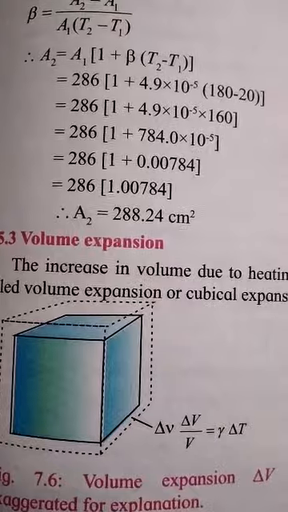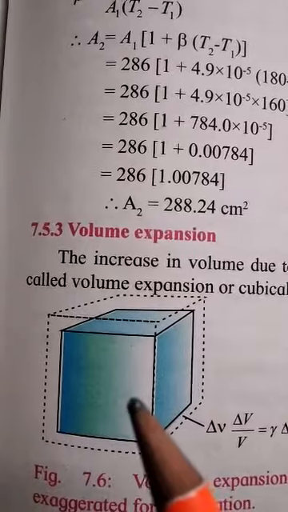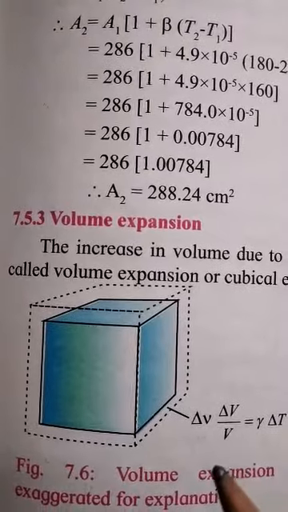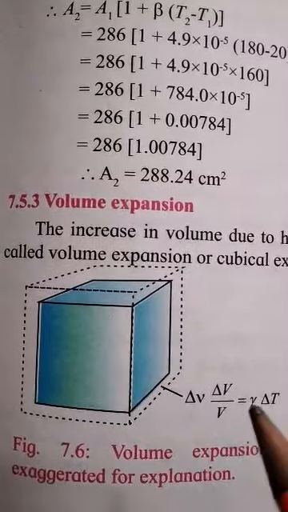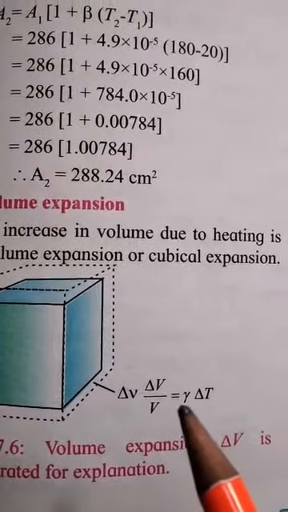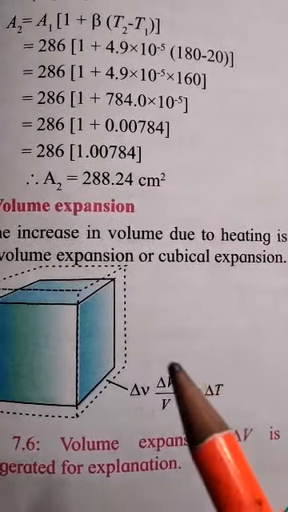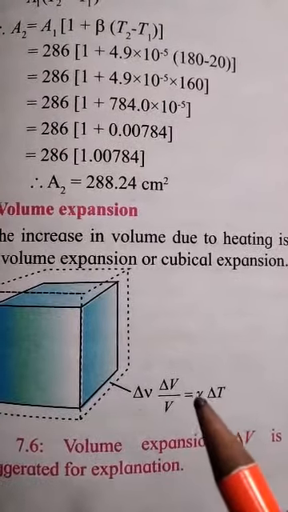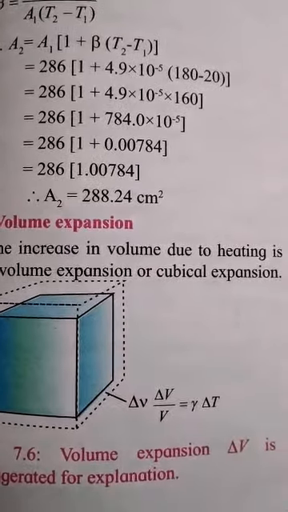If a substance is in the form of a cube of volume V, then for a small change delta T in temperature, the fractional change delta V upon V, as shown in your figure, is directly proportional to delta T. So delta V upon V is equal to gamma delta T. Alpha, beta and gamma are the coefficients of linear expansion, areal expansion and volume expansion respectively.